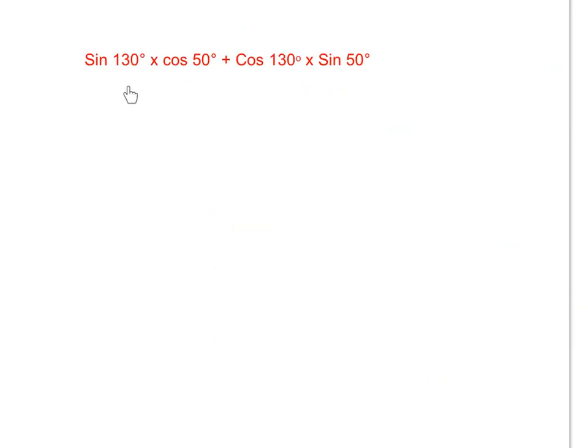This is a problem like one from your homework. It says sine 130 times cosine 50 plus cosine 130 times sine 50. They're asking us to write this as a single trigonometric expression. This rings a bell. It looks a lot like sine u cosine v plus cosine u sine v, which we know is the sum formula for sine. So sine u cos v plus cos u sine v is equal to sine of u plus v.